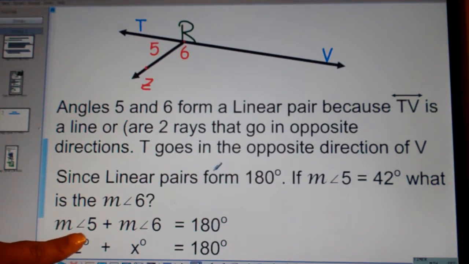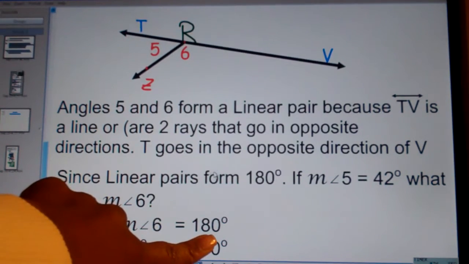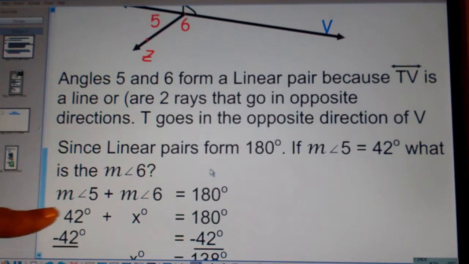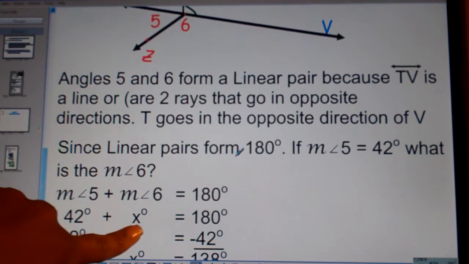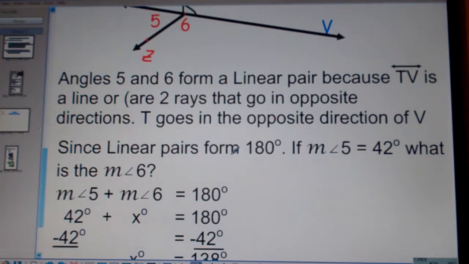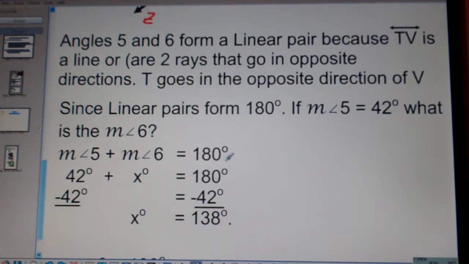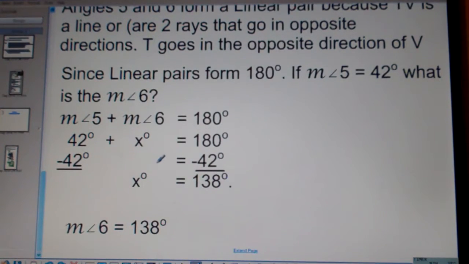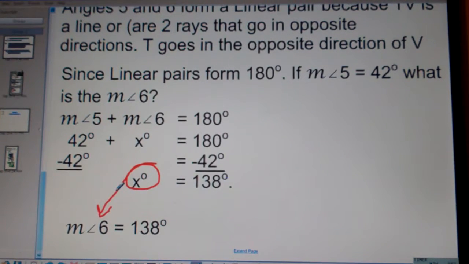We can substitute for the measure of angle 5: 42 degrees. I don't know the measure of angle 6, so plus x degrees equals its supplement, which is 180 degrees. Subtract 42 on both sides. We find that x is equal to 138 degrees, and x is represented by the measure of angle 6, which is going to be 138 degrees.